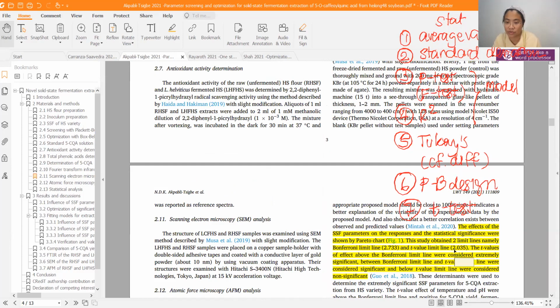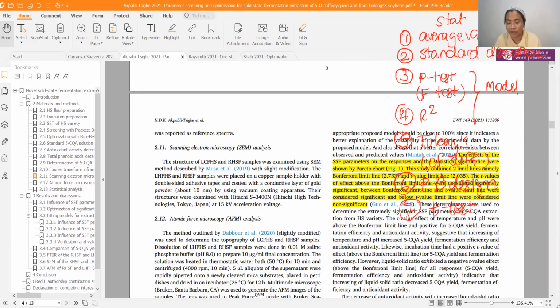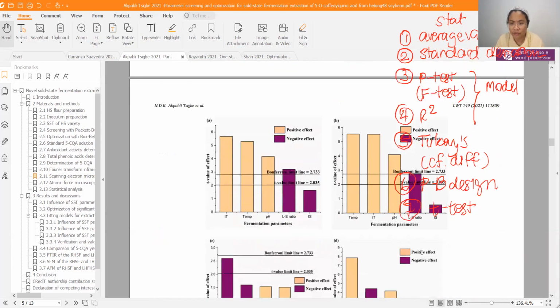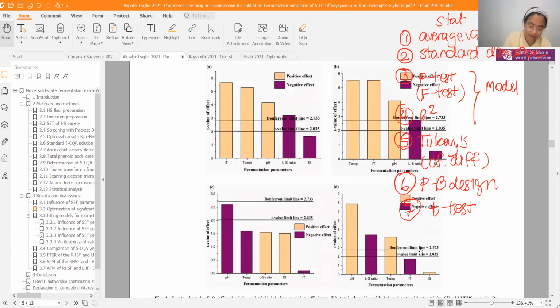So it's the t values, the stat values that are calculated for each of the parameters, and the t values of effect above this were considered significant, and those below the t value limited line were considered non-significant. If you think about this, it's more or less what we talked about earlier.